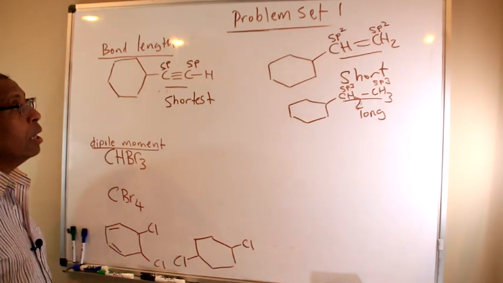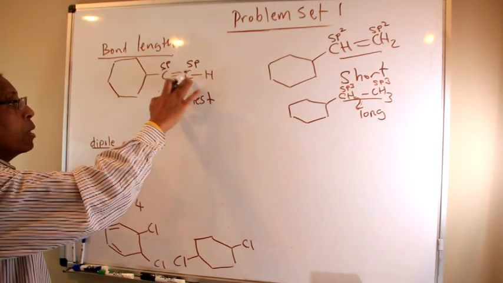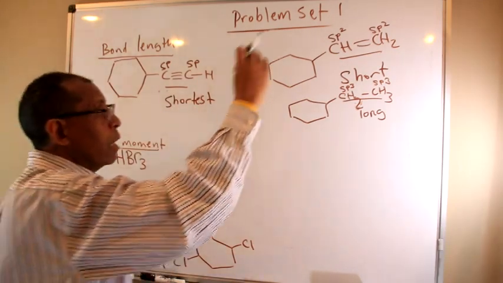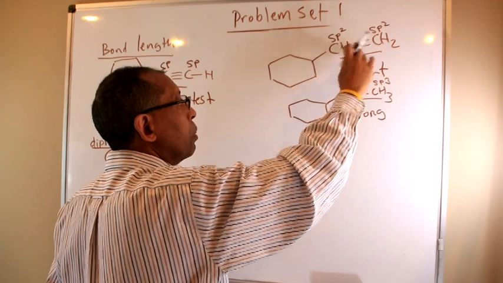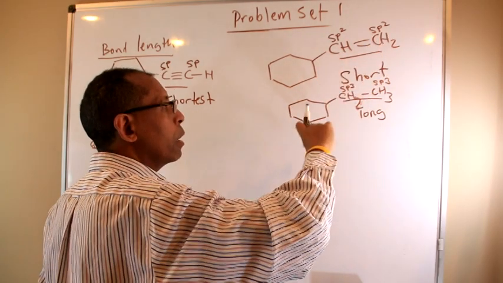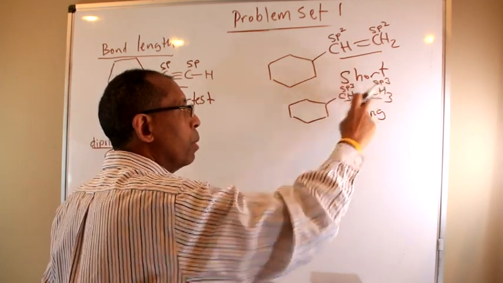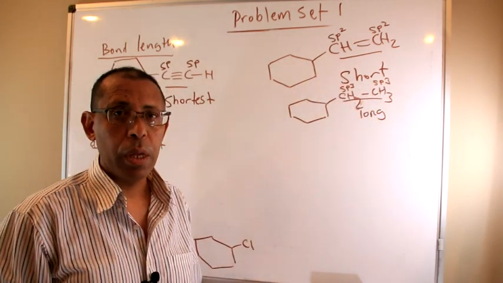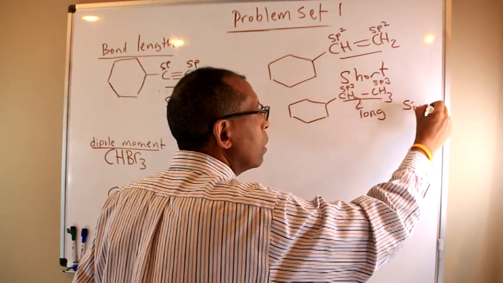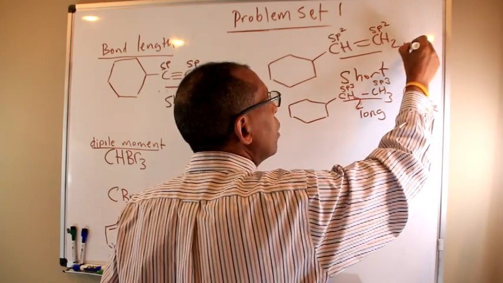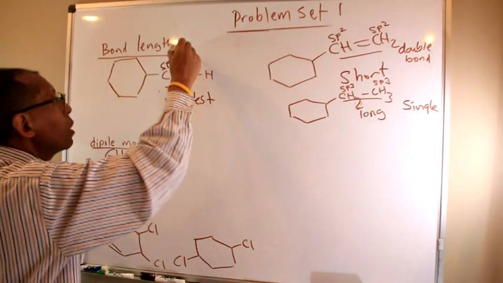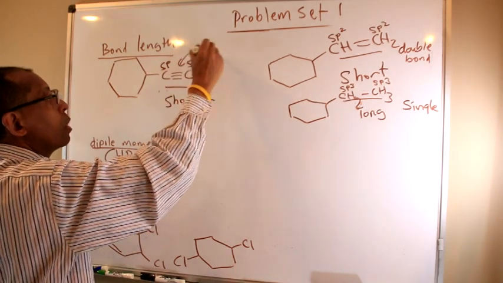So remember, in this review, a carbon-carbon triple bond is the shortest and the strongest bond. The next short one would be the carbon-carbon double bond, and the longest bond would be this carbon-carbon bond between 2 sp3 carbons. So this is a single bond, this is a double bond, and here, this is a triple bond.